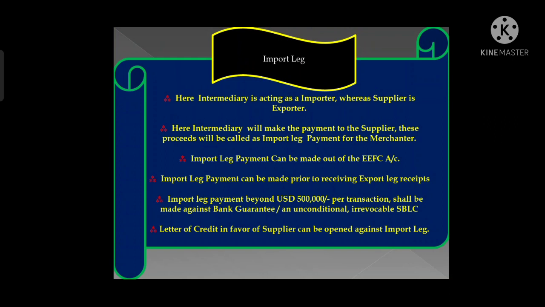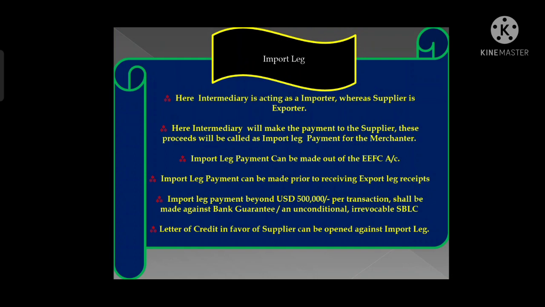Now the question arises: for how much amount can it make an advance payment against the import leg? As per the previous guideline, it can make an advance payment of up to USD 2 lakh, but in the revised guideline it can make an advance payment up to USD 5 lakh without any guarantee. Beyond that USD 5 lakh, it requires a bank guarantee or an unconditional SBLC from a correspondent bank, right?